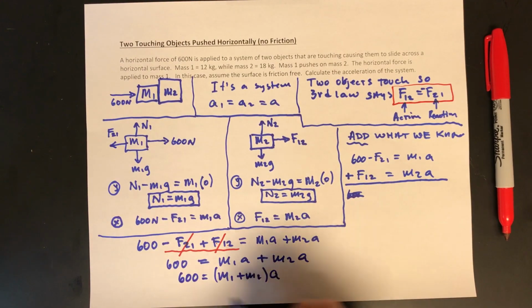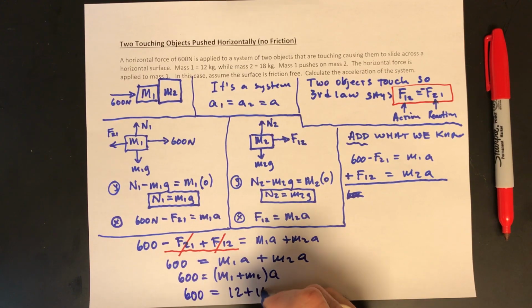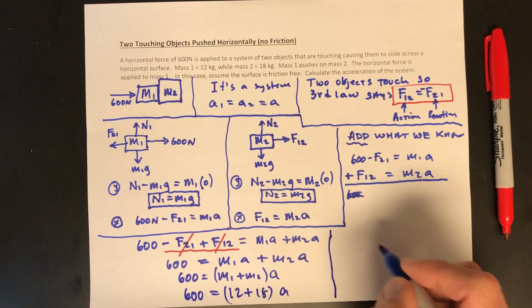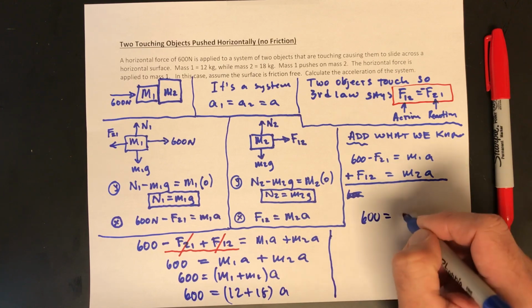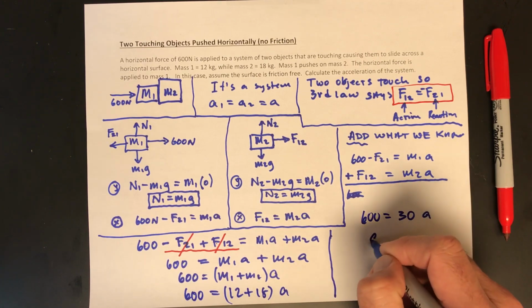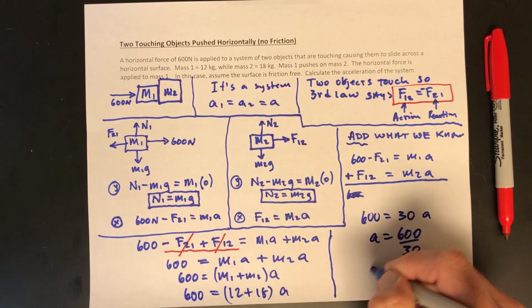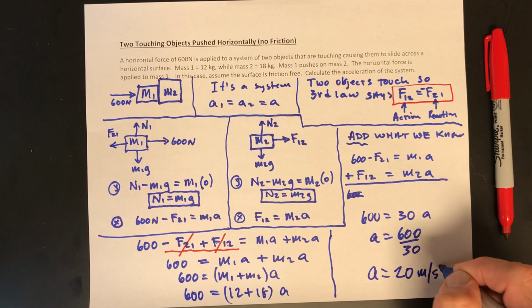and we can plug in the numbers. 600 is equal to 12 plus 18 times A. 600 is equal to 30A. A is 600 over 30. So A is equal to 20 meters per second squared.